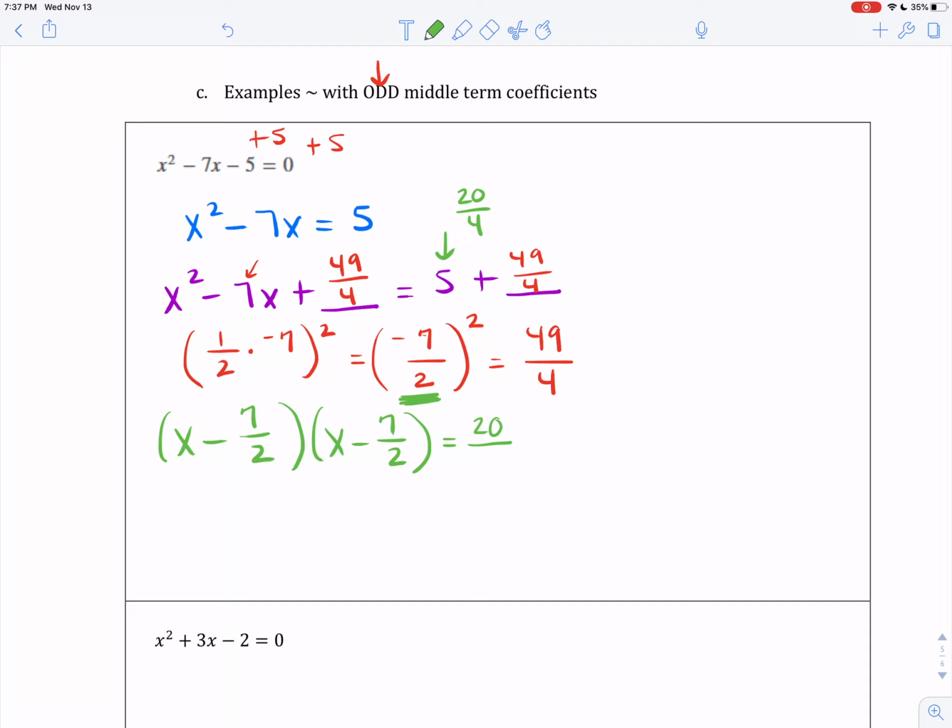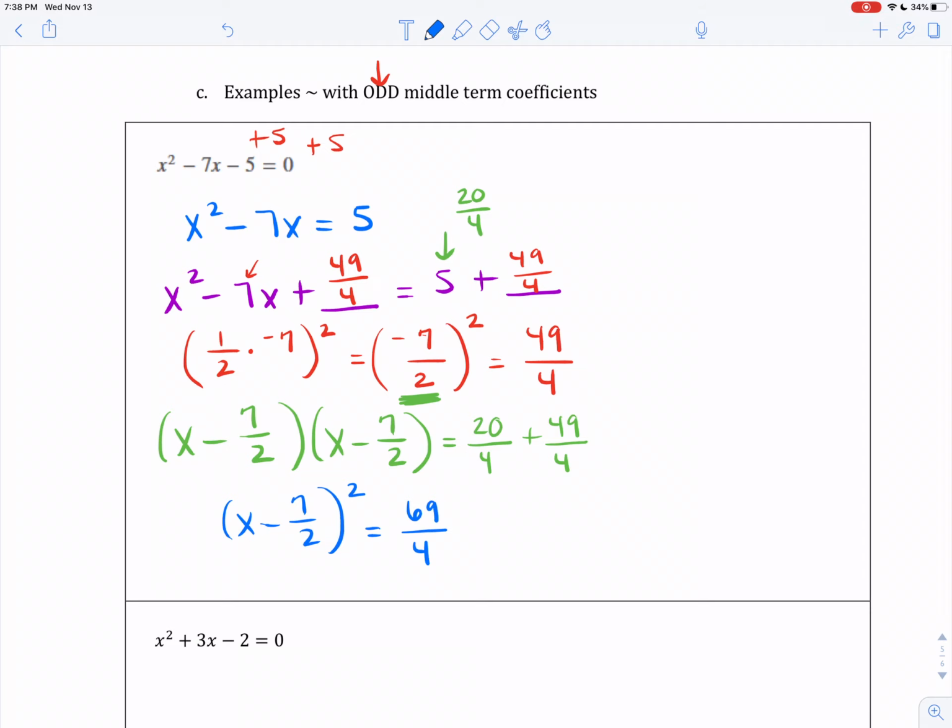So on this side, I'm looking at 20 over 4 plus 49 over 4. All right, now on the left-hand side, I do have my perfect square. This is x minus 7/2 squared. And then when I add my numerators over here, I'm going to have 69 over the common denominator of 4.